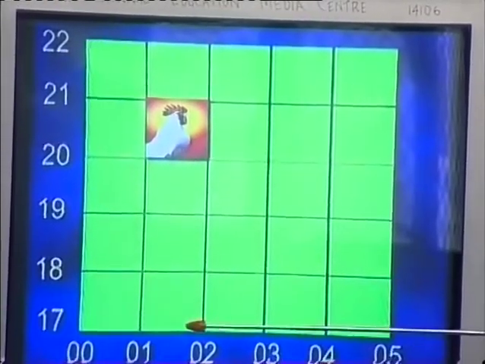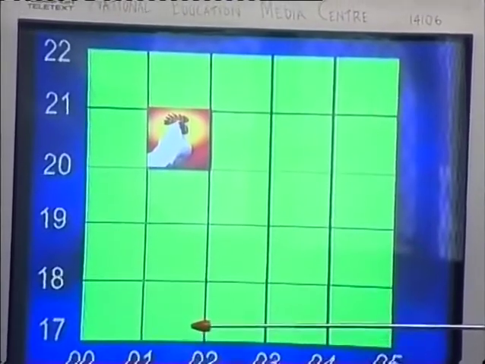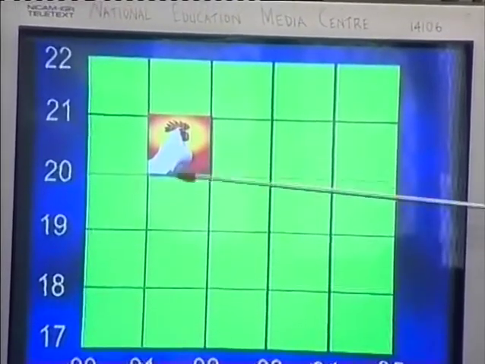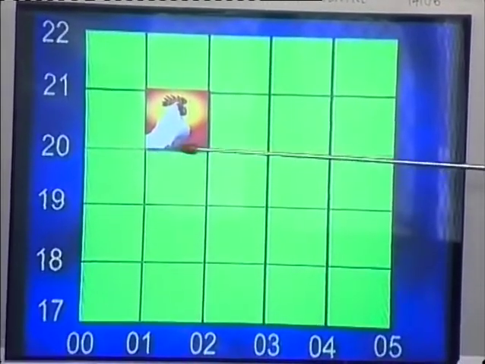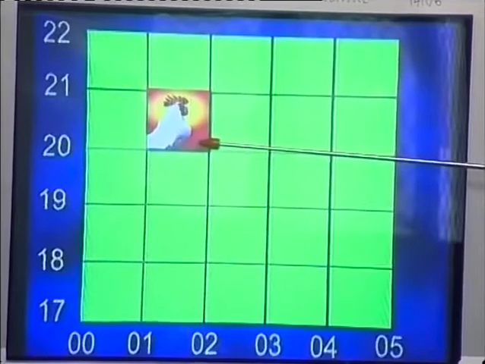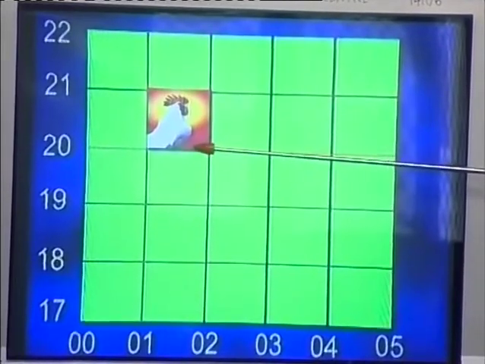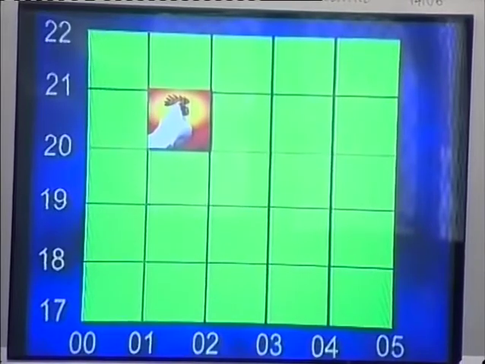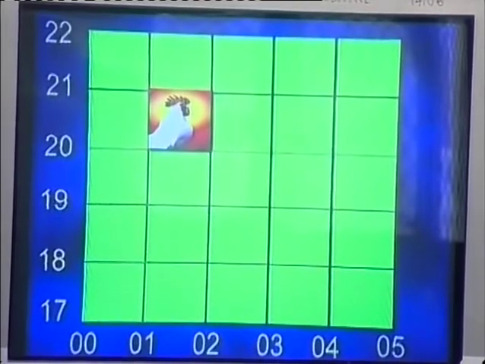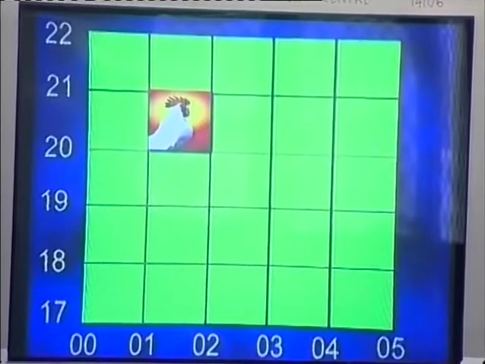Easting comes first, 01, looking at the bottom left-hand corner. Then for the northing, still at the bottom left-hand corner, this is 20. So 0120. The area reference for the rooster is 0120.